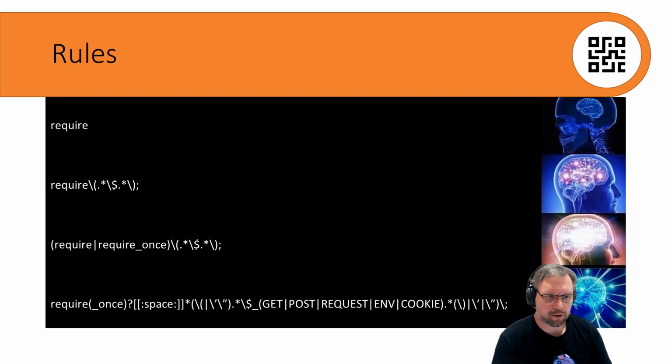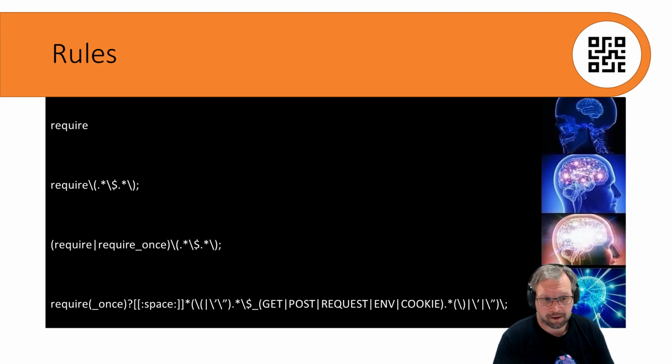I'm making an optional space before the start of the parentheses, just because some people might put a space before the parentheses in a function call. It's valid syntax in PHP, so you've got to be able to support it, even though you might not write code that way yourself.